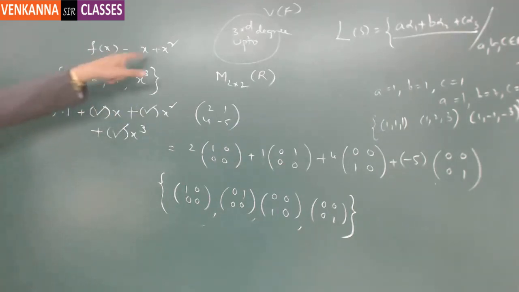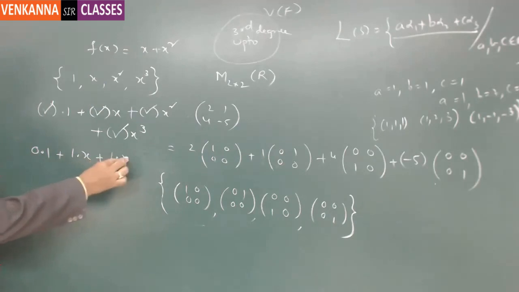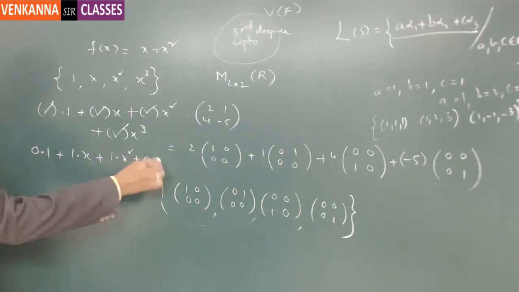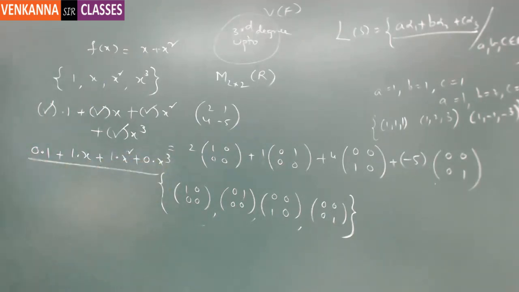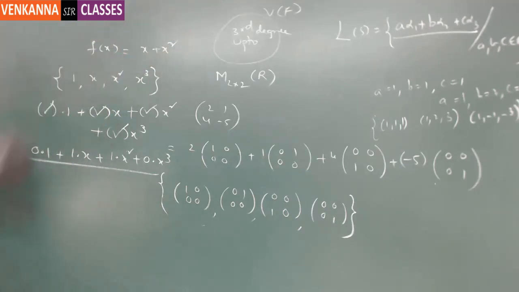So for this polynomial you will write 0 into 1 plus 1 into x plus 1 into x square plus 0 into x cube. So every polynomial can be written by using these things. So this is the spanning set for all these polynomials up to third degree. Okay? Does anybody still have any doubts with regard to linear combination and spanning sets?